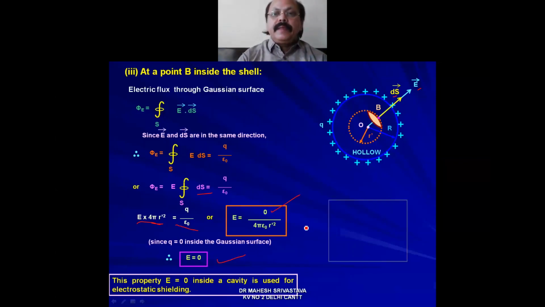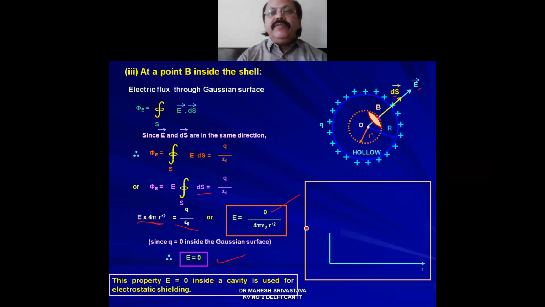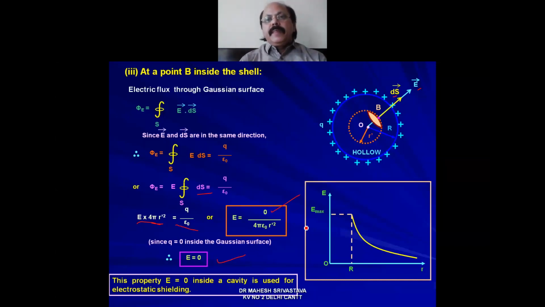Now we plot a graph. As we say, at the surface electric field intensity is maximum.